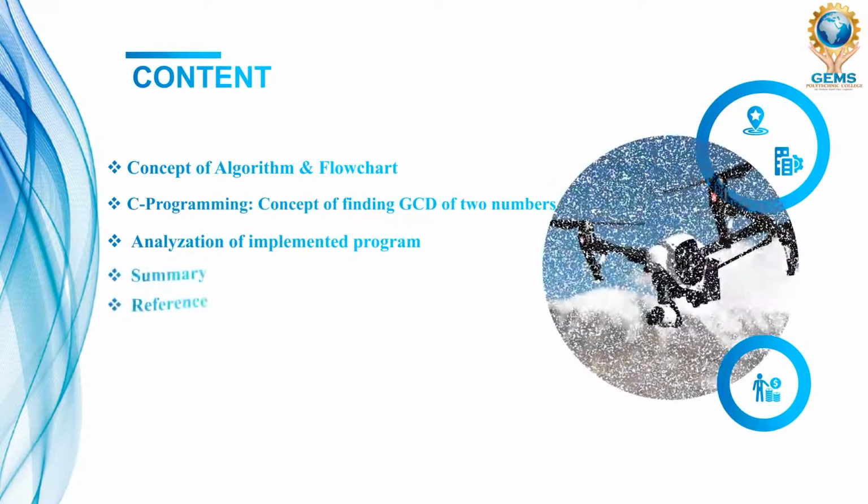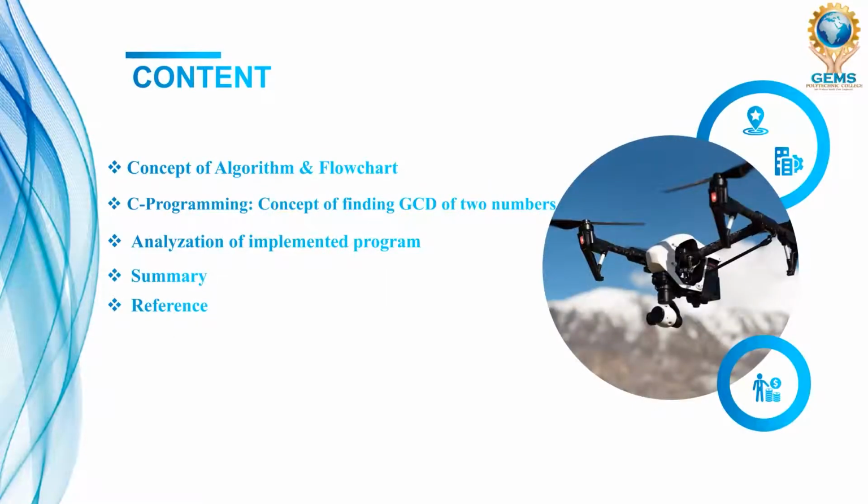So this is the content of our today's video lecture. In this video lecture, we are going to see the concept of algorithm and flowchart. Then we will see the coding part of our program, how to find the GCD of two numbers.